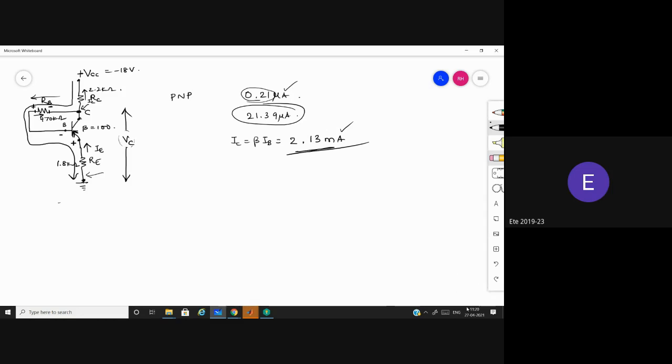But before applying KVL to the collector circuit, we need to know what is VCE, right? So in order to find the VCE, we need to apply KVL to the outer loop or collector circuit. Starting from this point, what is the equation we will be getting?